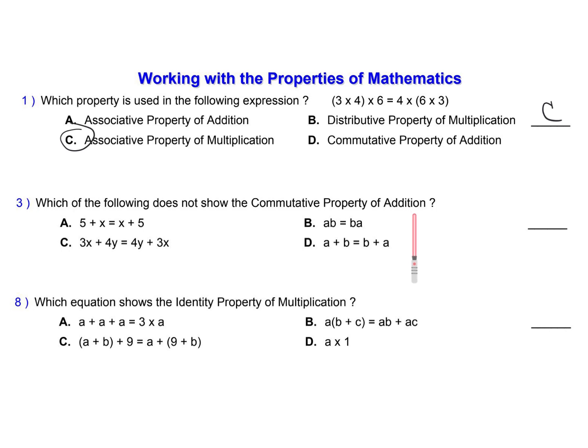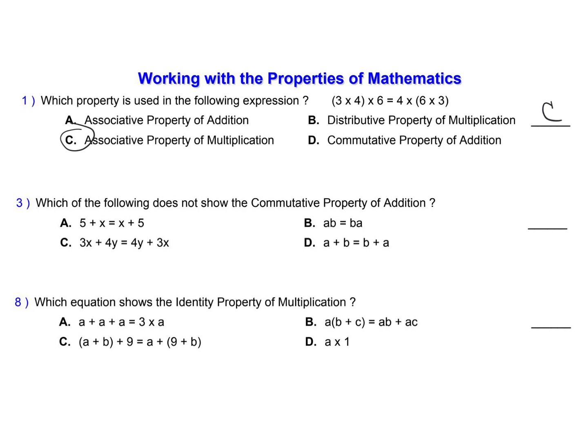So first of all, I'm looking for addition only. And so we're going to take a look at this addition problem. Here's an addition problem, and here's an addition problem. This one is multiplication. So right away I know that that one is not demonstrating the commutative property of addition.